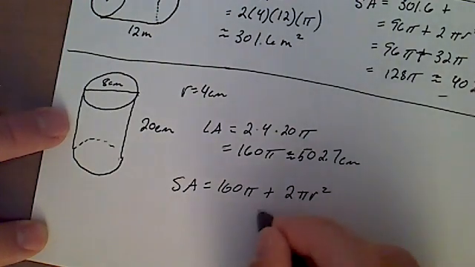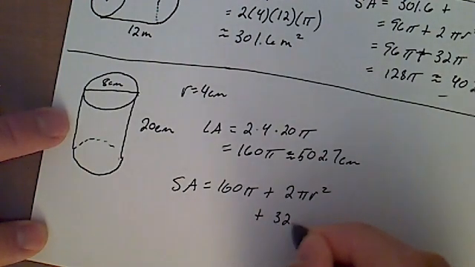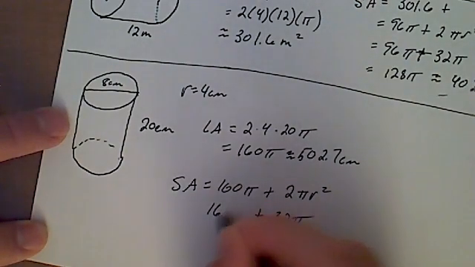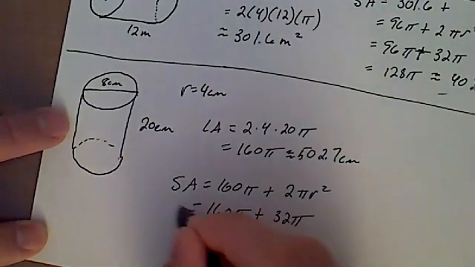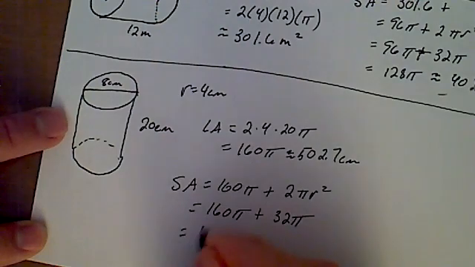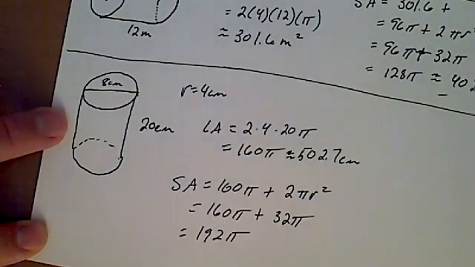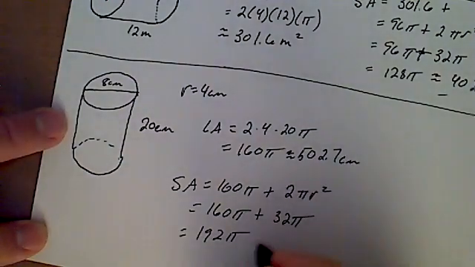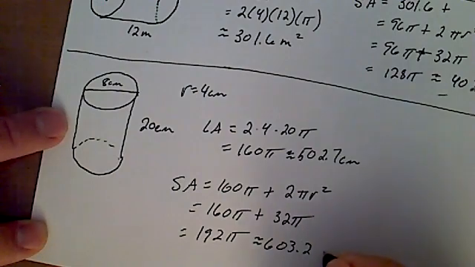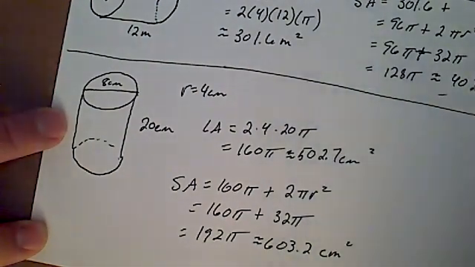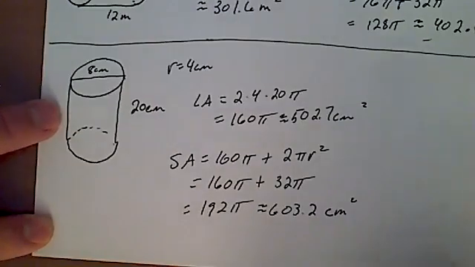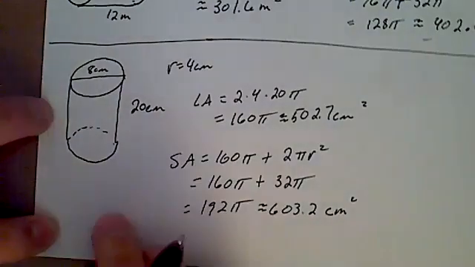That gives us 32 pi again. 160 pi plus 32 pi is 192 pi. 192 pi is about 603.2, and we are in centimeters, oops, squared. And that should do it for us.